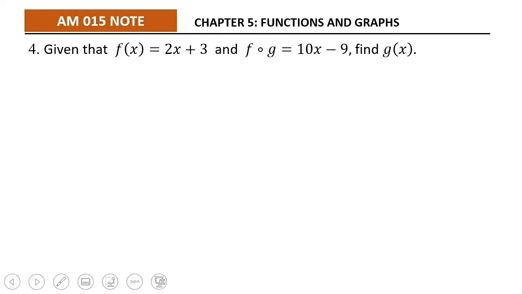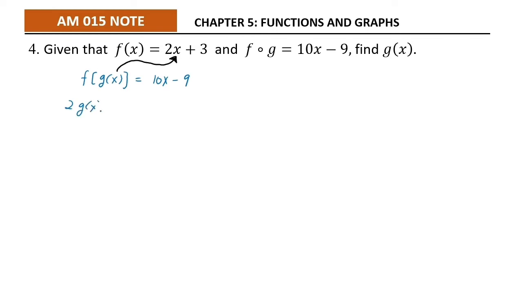So f of g is actually f of g(x) equal to 10x minus 9. f is 2 times g(x) plus 3 equal to 10x minus 9. We need function g, so numbers or any sign before g must move to the other side.